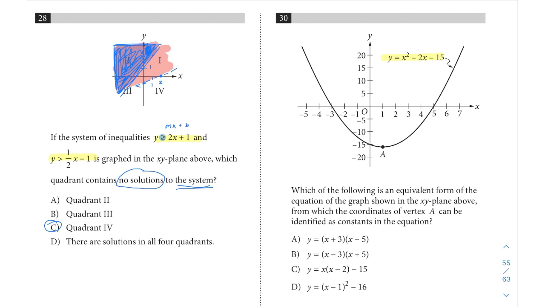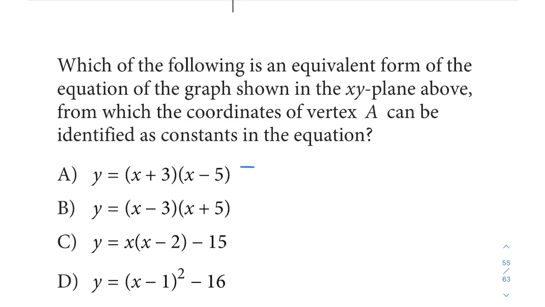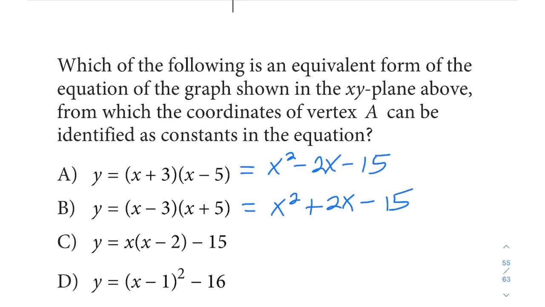So a lot of times on this question, what I see students do initially is they try to multiply these out to see which one will equal this same thing. And that's not a bad idea, and we can try that. If you were to FOIL out these first couple, you would get here x squared minus 2x minus 15, and this would be x squared plus 2x minus 15.